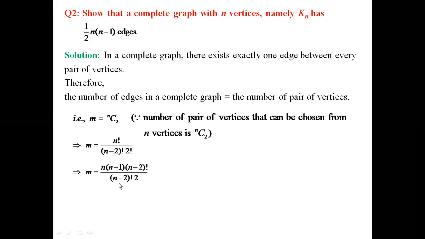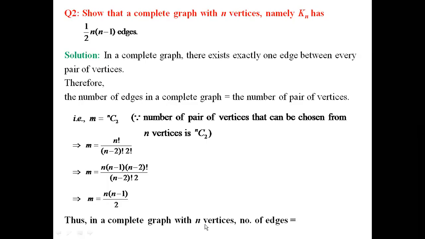So that n minus 2 factorial gets cancelled and we have m equal to n into n minus 1 divided by 2. So this says that in a complete graph with n vertices, the number of edges, that is m, is equal to half of n into n minus 1. And this is the required result we had to prove.